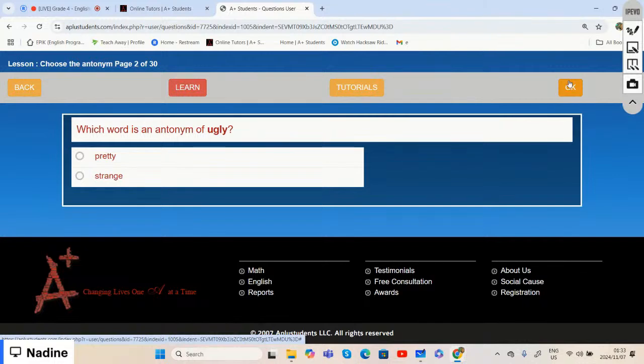Which word is the antonym of ugly? All right. The opposite of ugly, we can say, is pretty. So option one, pretty, is correct. Well done.